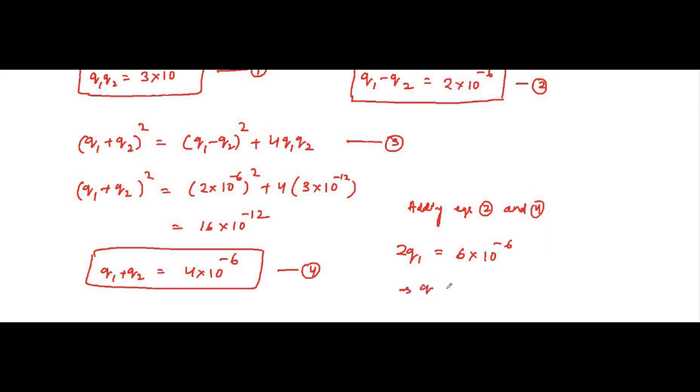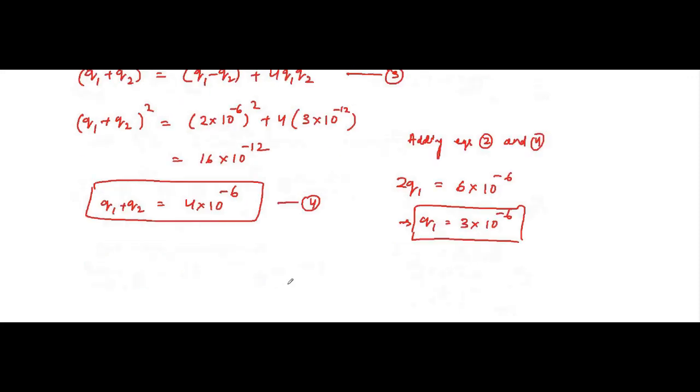That implies Q1 is 3 into 10 to the power minus 6. We have got Q1. So that implies Q2 is 1 into 10 to the power minus 6, or simply 10 to the power minus 6 coulombs.